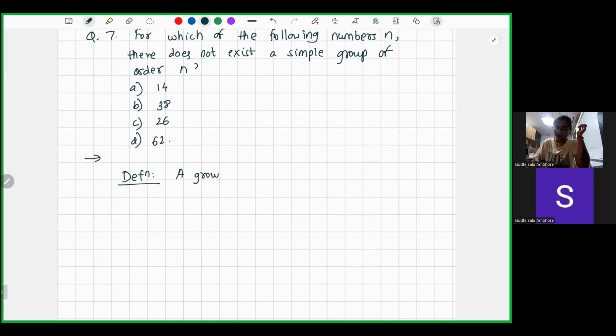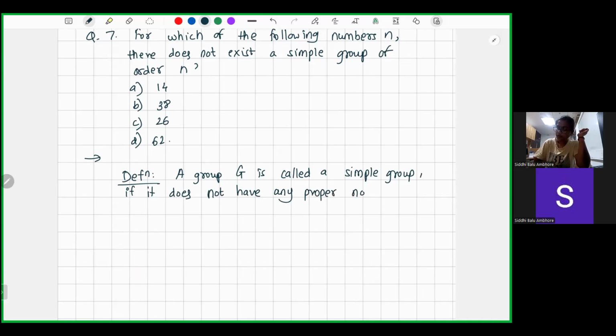A group G is called a simple group if it does not have any proper normal subgroup.